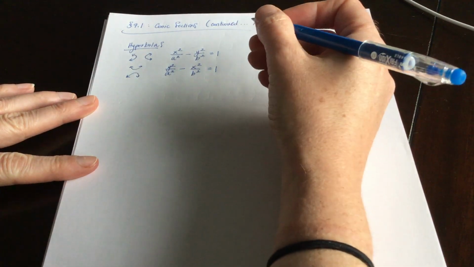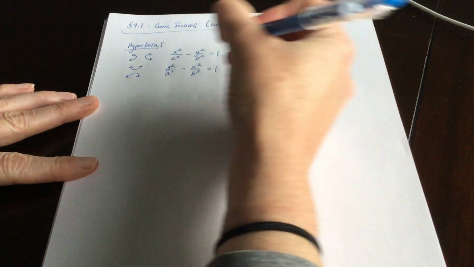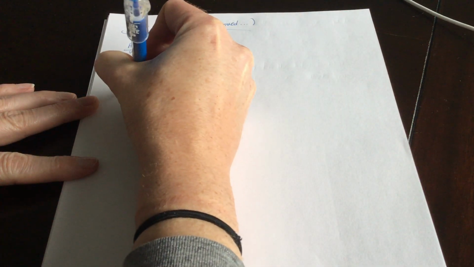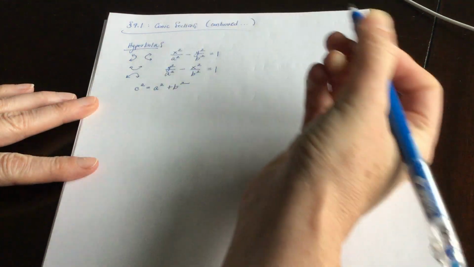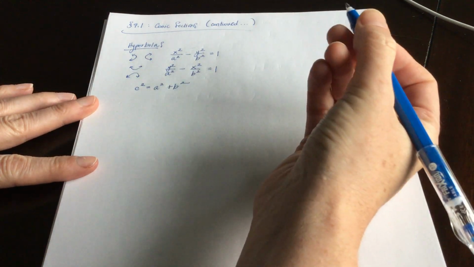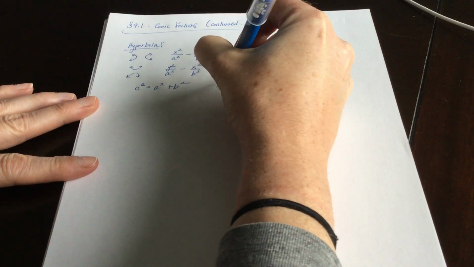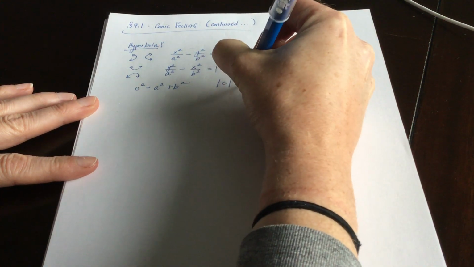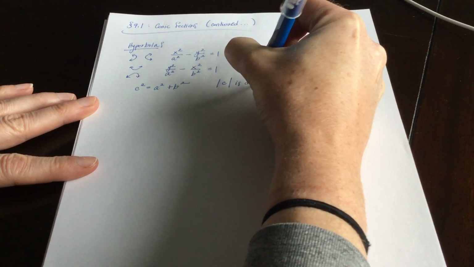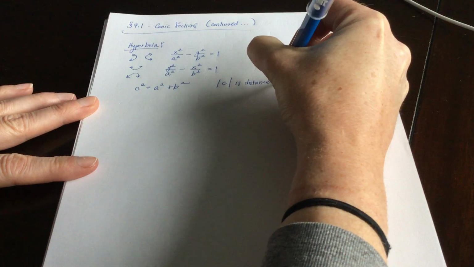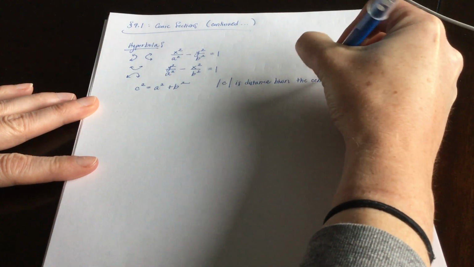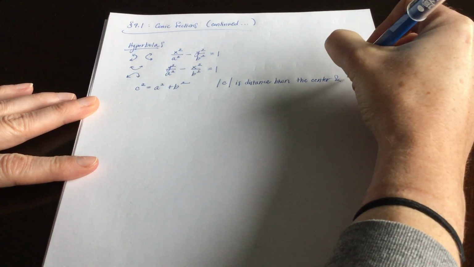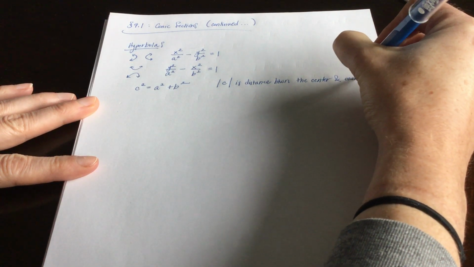So now there's a Pythagorean identity for hyperbolas, and it is c squared equals a squared plus b squared. And just like with ellipses, the absolute value of c is still the distance between the center and each focus.